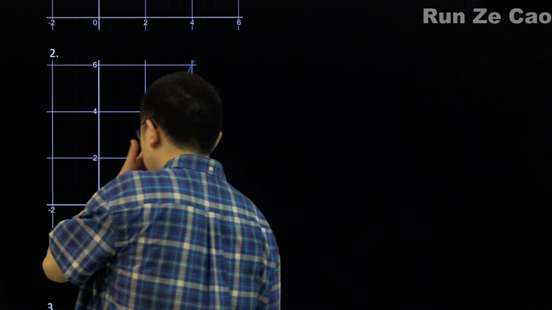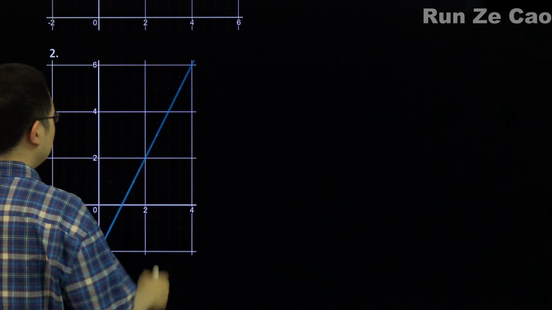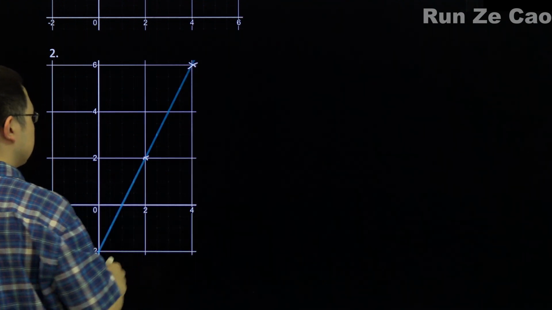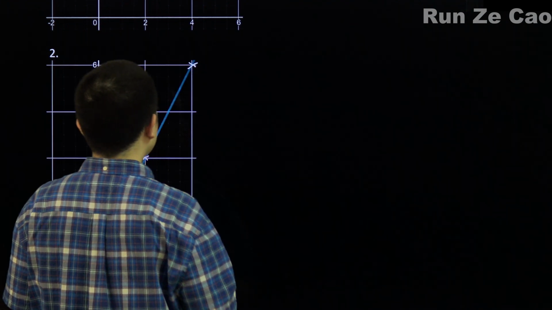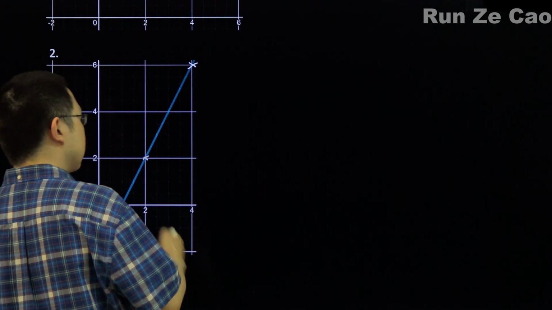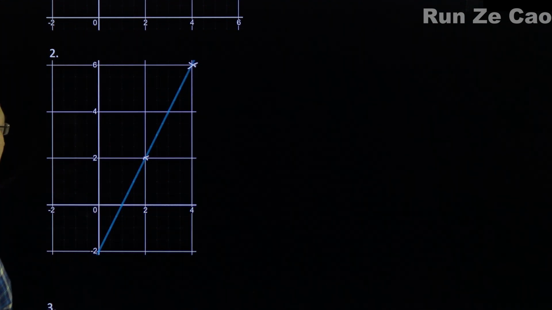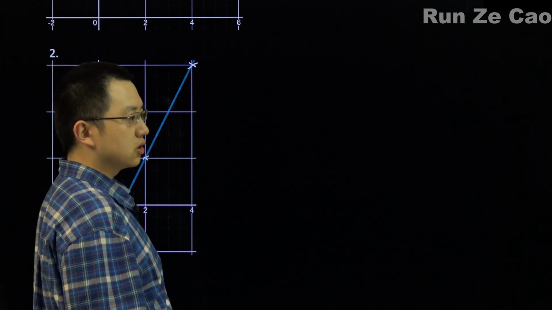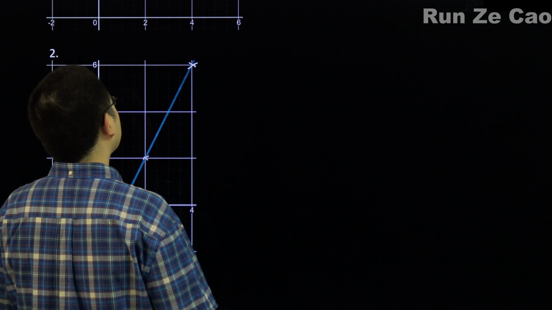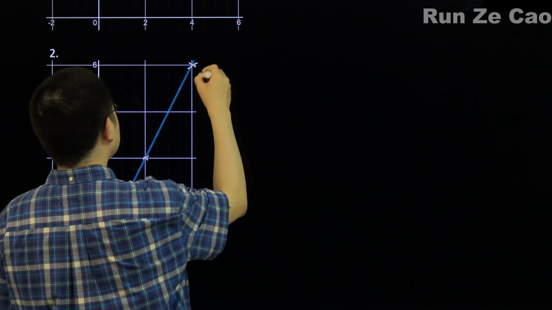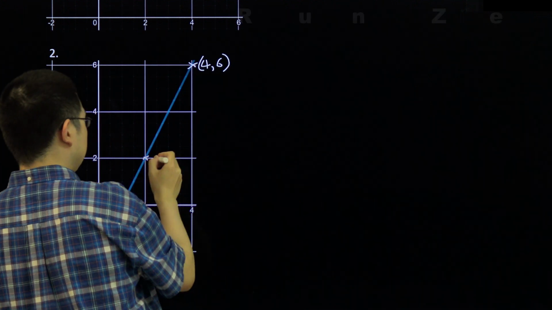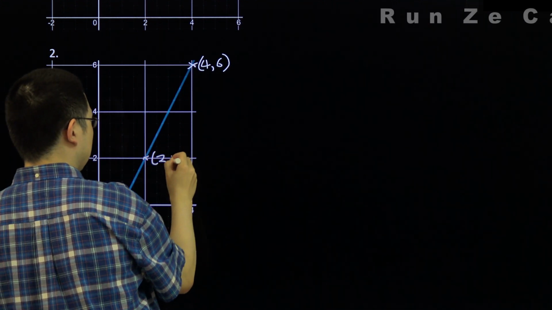For this line, well, we can go with this point and this point. Yes, for this grade level, if it looks like it crosses the coordinate grid at an intersection of coordinate lines, so in other words, integer coordinates, it probably does for this grade level. This point is 4, 6, and this point is 2, 2.